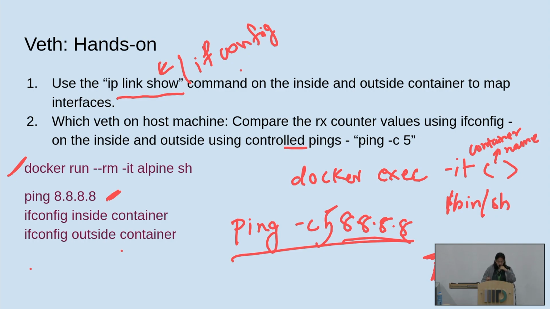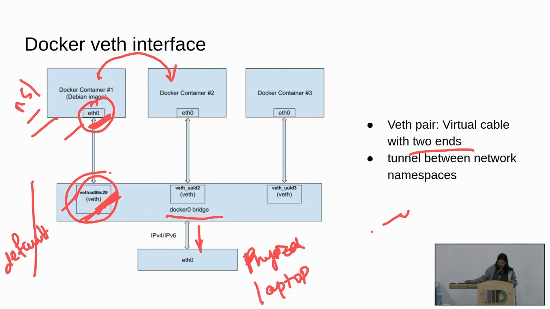Now, on your physical machine where you just saw this interface running, do ifconfig again and check the value of TX for this veth interface, on your physical machine or your VM, wherever Docker is running.